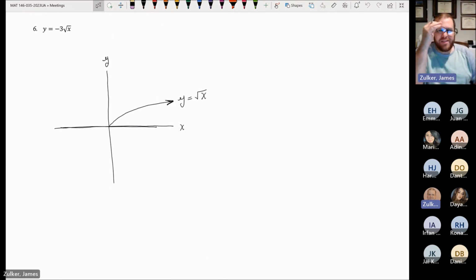What about negative 3 times the square root of x? And so again, try to write it in terms of f of x. It'd be negative 3 times f of x, right? So it's definitely going to be reflected about the x-axis.